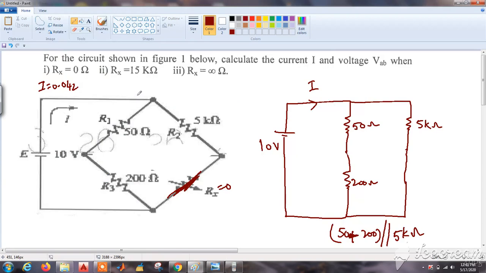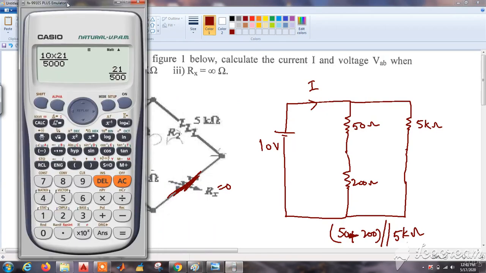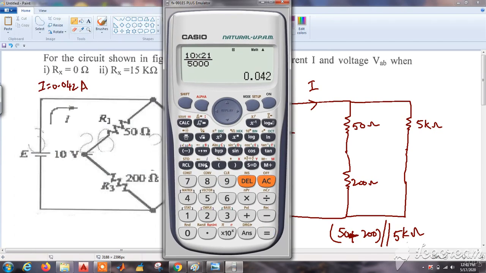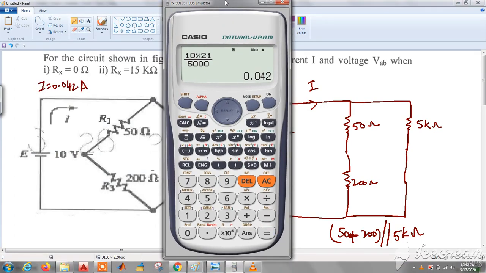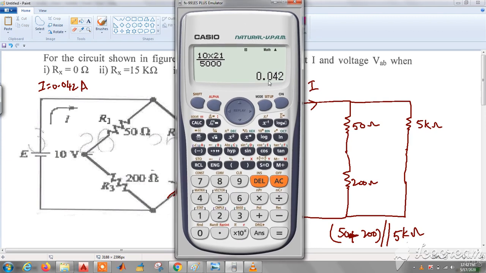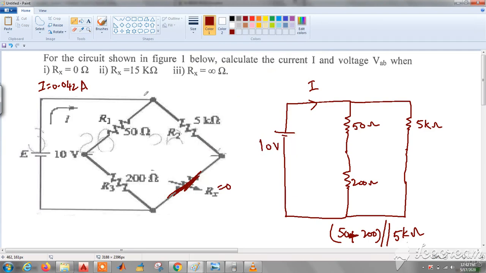So the current is 0.042 amperes, or you can also write it as 42 milliamperes. If you cannot do this manually, you can press the ENG button, that is the engineering button. If you press ENG, you can convert that into equivalent milliamperes or microamperes, etc. Okay.